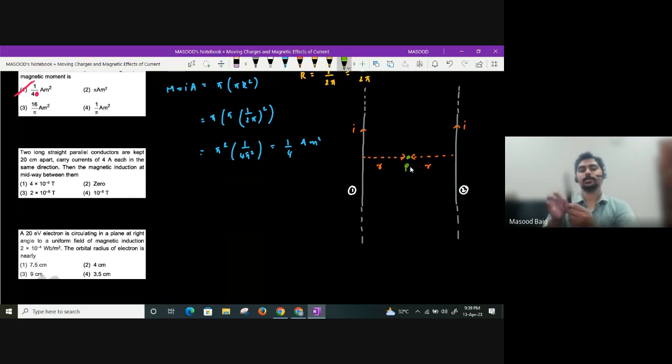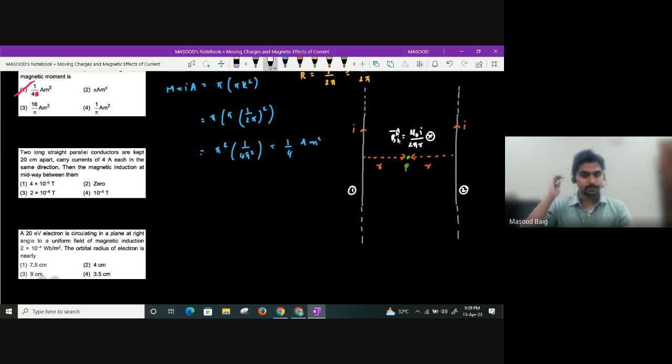Current is in upward direction, so tangent to the curl of the fingers will be inwards, guys. So magnetic field B1, because it is an infinite wire, I'll get it as mu naught I divided by 2 pi r, inward direction. We can write it as cross.